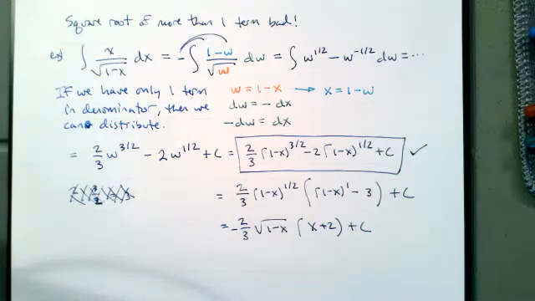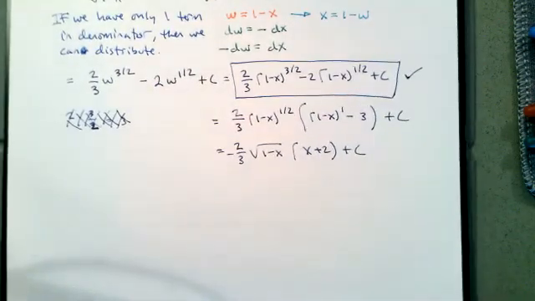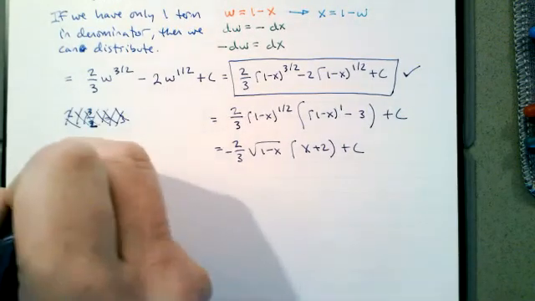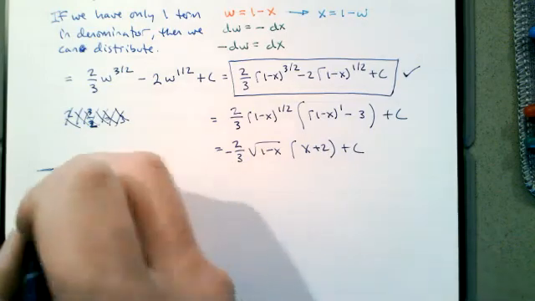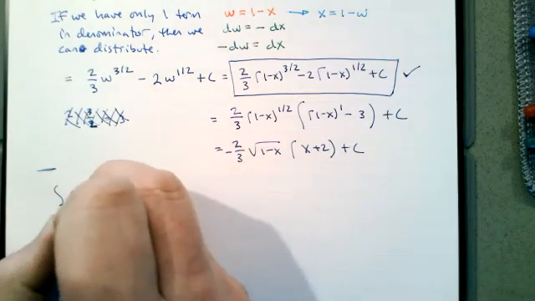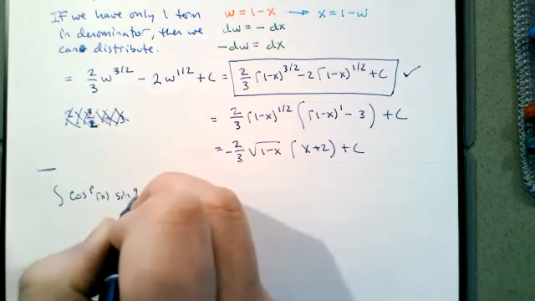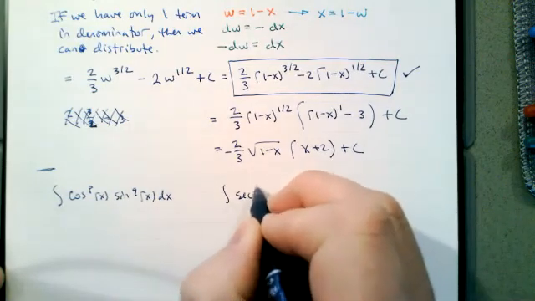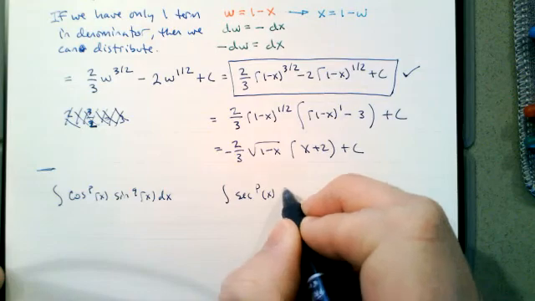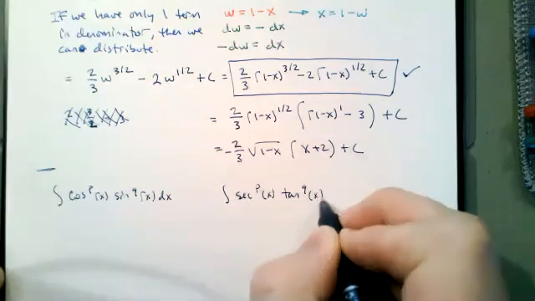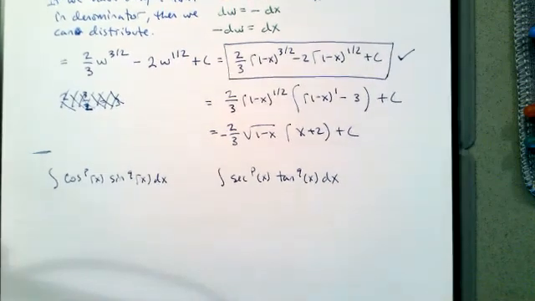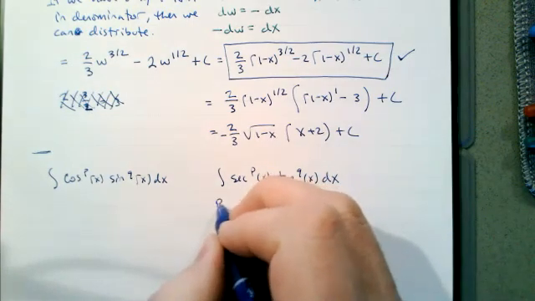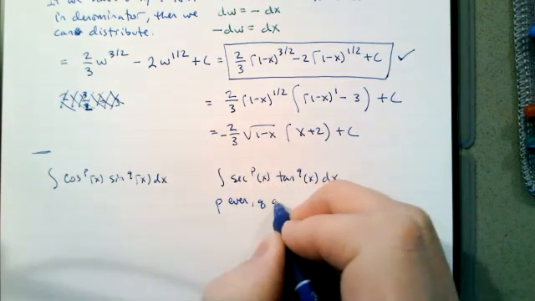So we have made some progress. There is something that's left out though. We've made progress on our secants and tangents, and we also need to deal with cosines and sines. So we can deal with P even and Q any.